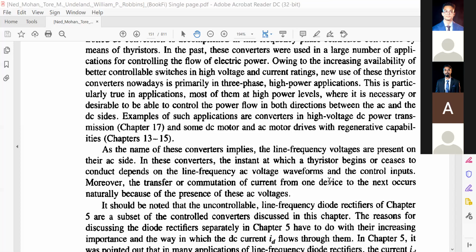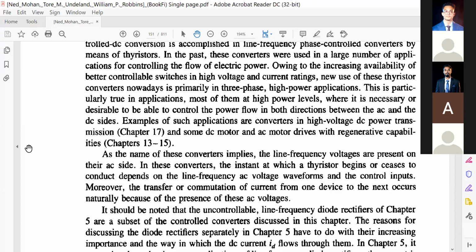And with that reverse bias, if you have a zero current, then the device will automatically stop. You understand what I say? No or yes? Yes, sir.